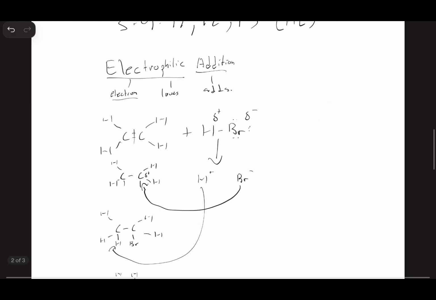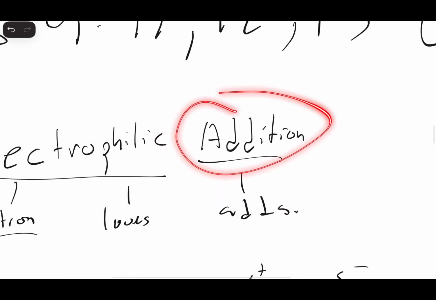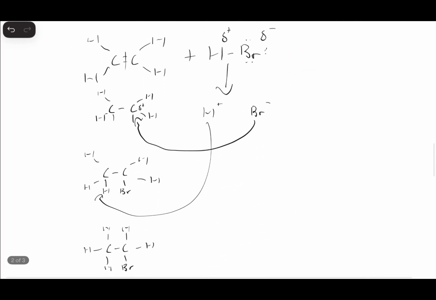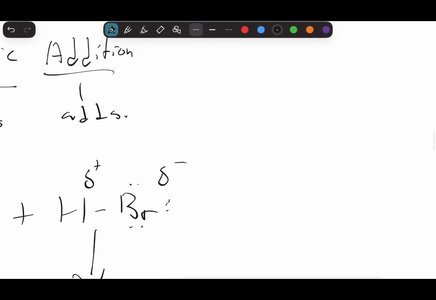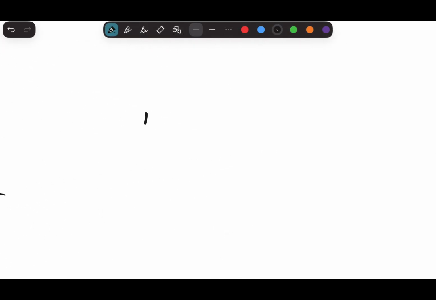So this is where an electrophilic addition reaction happens, okay? It's an addition, and electrophilic is mainly driven by electrons. Some key points to note about this is that molecules grow in size.